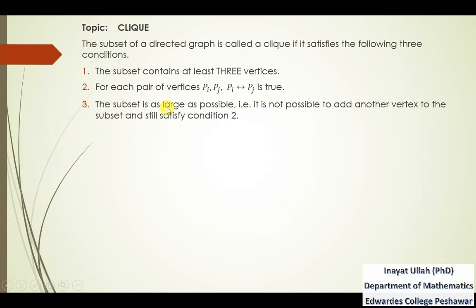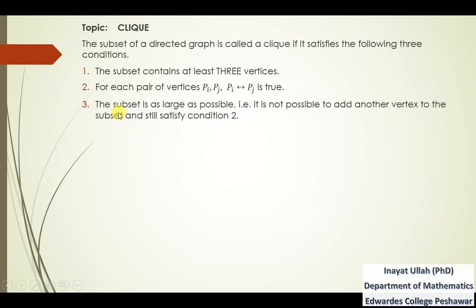And thirdly, that subset which is taken from the directed graph, that subset is as large as possible. What does it mean? If we take 3 vertices, there will be no existing fourth vertex to make a subset which is a clique.